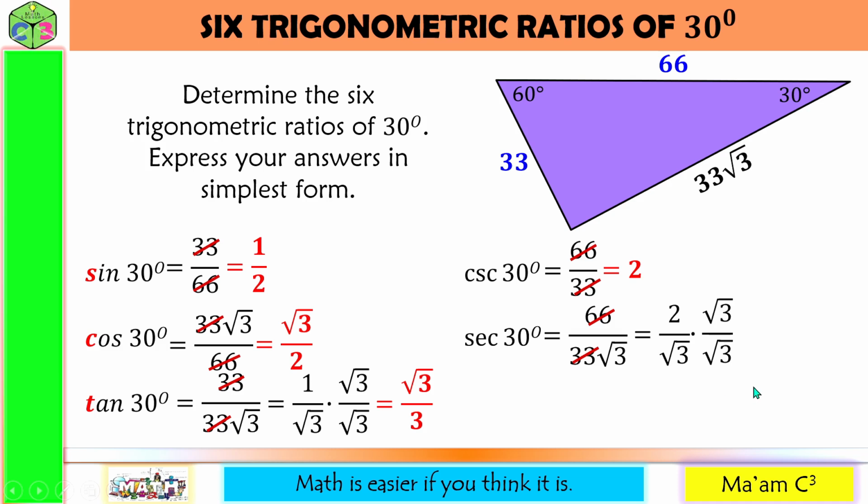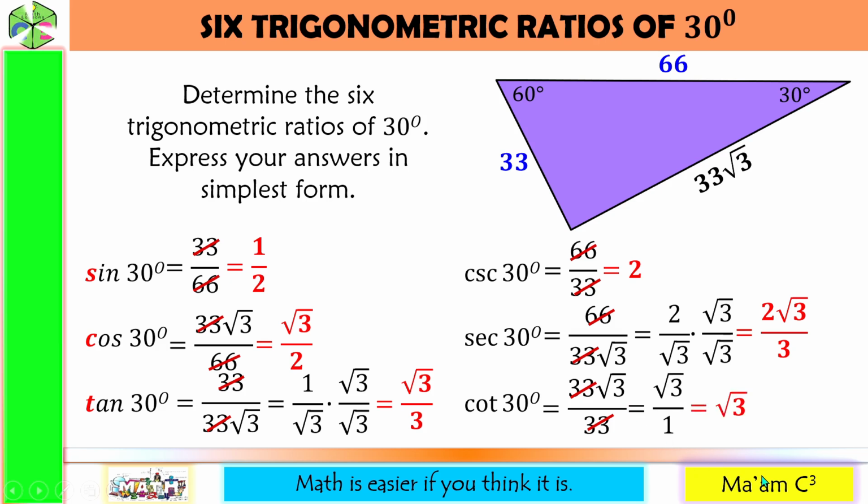Rationalize, simplify, 2 square root of 3 over 3. Last one, we have cotangent 30 degrees, reciprocal of tangent 30 degrees. That is 33 square root of 3 over 33. 33 and 33 will cancel out. So we have square root of 3 over 1, which is square root of 3.